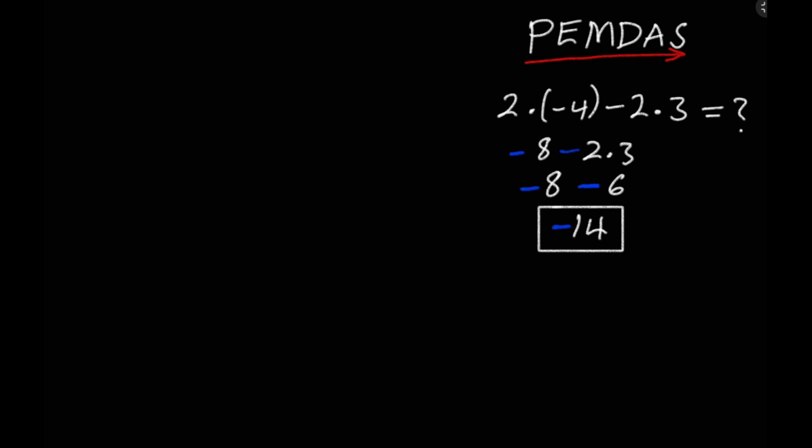Let's say we have 8 minus 2 plus 3, multiplied by 6 minus 2, minus 3. Again, pause the video, try to solve this question by yourself, then you can continue to see the solution. Let's begin.